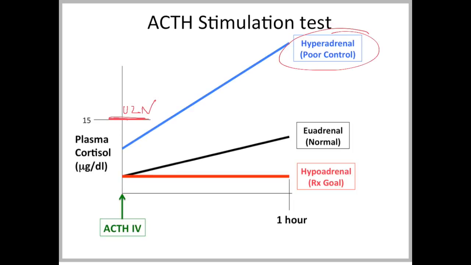An animal with the ability to respond, that's what we call euadrenal or normal response, is going to be above that too, so usually 2 to 4, and then a hypoadrenal, we'd like the goal to be no response. And so this is how we interpret also whether the animal is adequately controlled with Lysodren or not.